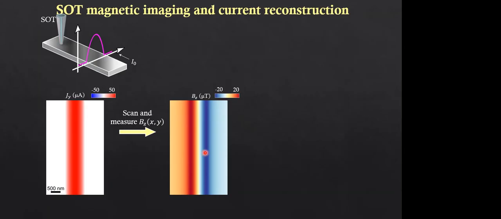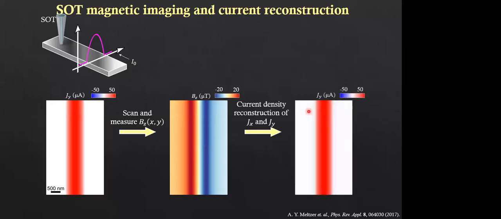One can reconstruct Jx and Jy from this Bz data, and the reconstruction looks like the image at the right. This is Jy, which matches exactly with the starting point, the simulated Jy for this kind of channel.